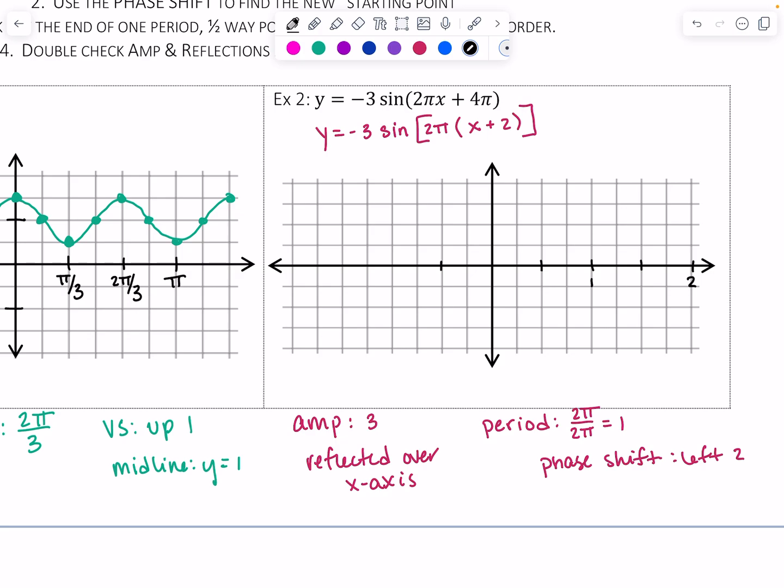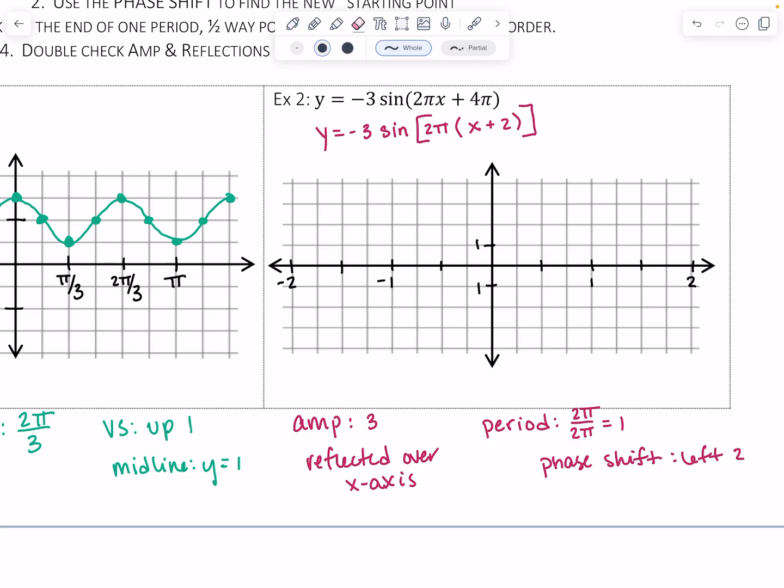And also in the negative direction, negative 1, negative 1/2, negative 2 over here. Because I need to go to an amplitude of 3, I need a lot of room to work here. So I'm just going to scale this as 1 and 1 there. So we can use that. Okay, so my period is only going to be 1. And again, I'm not talking about pi's anymore. I'm talking about 1 unit here.